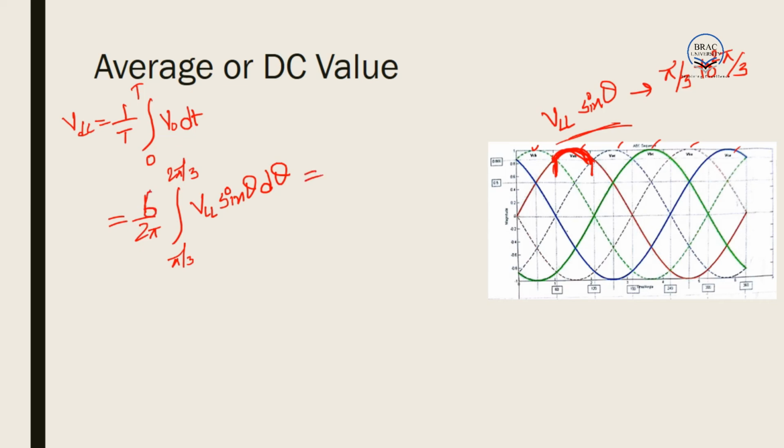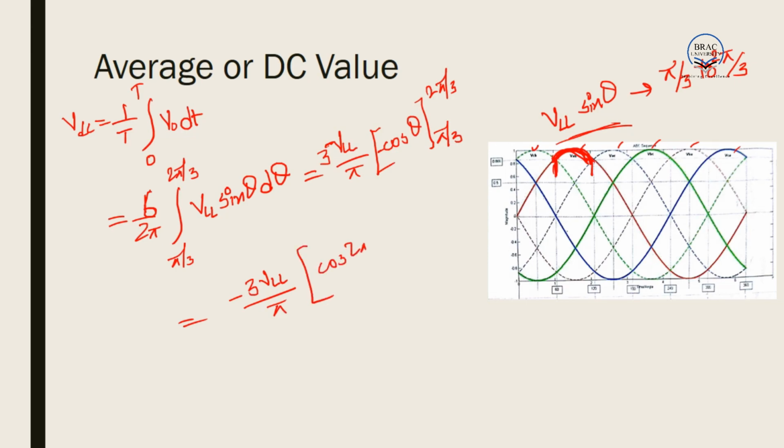From this we can determine 3 VLL divided by pi times minus cos theta from pi by 3 to 2 pi by 3. From this we get minus 3 VLL divided by pi times cos 2 pi by 3 minus cos pi by 3.